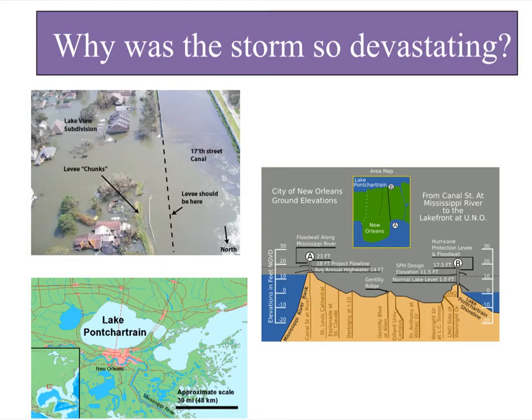The reason the storm was so devastating to the area of New Orleans is primarily down to its location and topography. New Orleans is located in between Lake Pontchartrain and the Mississippi River. What we can see from this cross-section is that the area of Greater New Orleans is actually below the level of especially the Mississippi River.